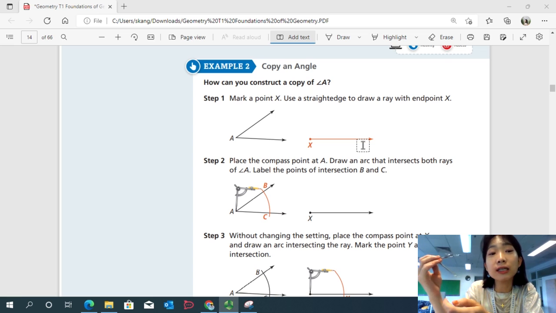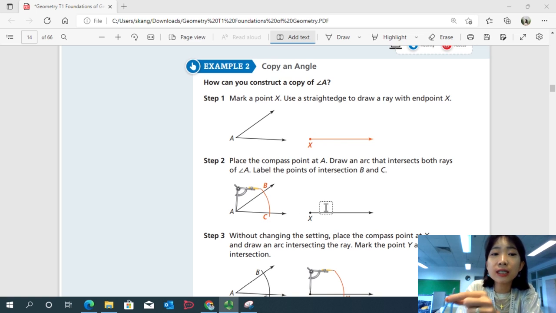Your arc doesn't have to be a specific size, it just has to make an intersection point. Don't make it too big or too small. Make an obvious arc, and then label the intersection points B and C.